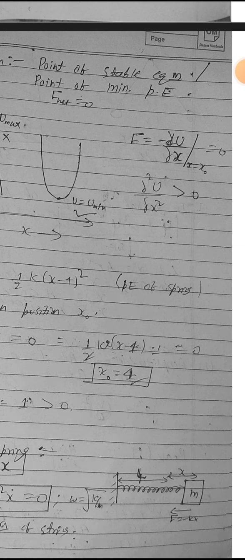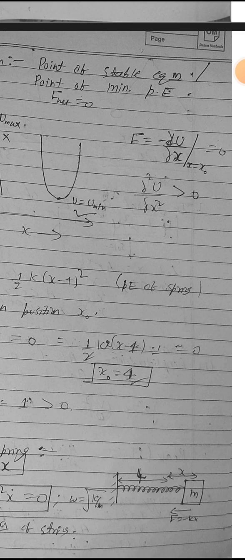And you can check that out using your differential calculus knowledge. For the potential energy to be minimum, the second derivative of potential energy should be greater than 0, whereas equating the first derivative of potential energy at the critical point or at mean position, that is x equal to x naught, with 0 would give you the mean position.